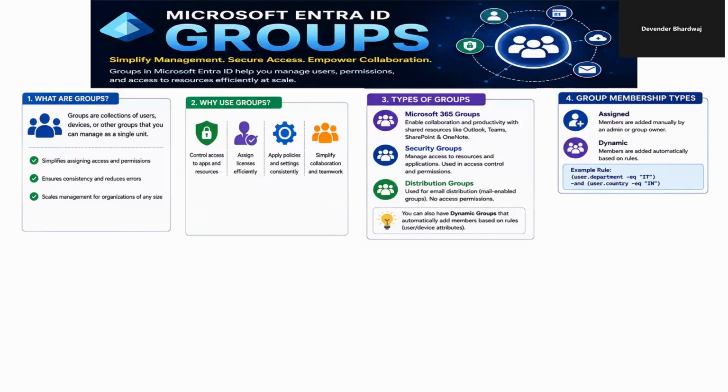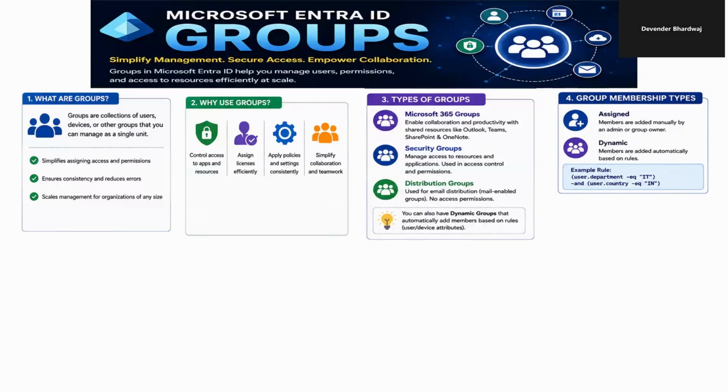Group membership type. It can be assigned membership. The administrator manually adds users. Suitable for small organizations, static teams, or contractors. Dynamic membership. Microsoft Entra automatically adds or removes users based on rules. For example, I want to create a group for the finance department.